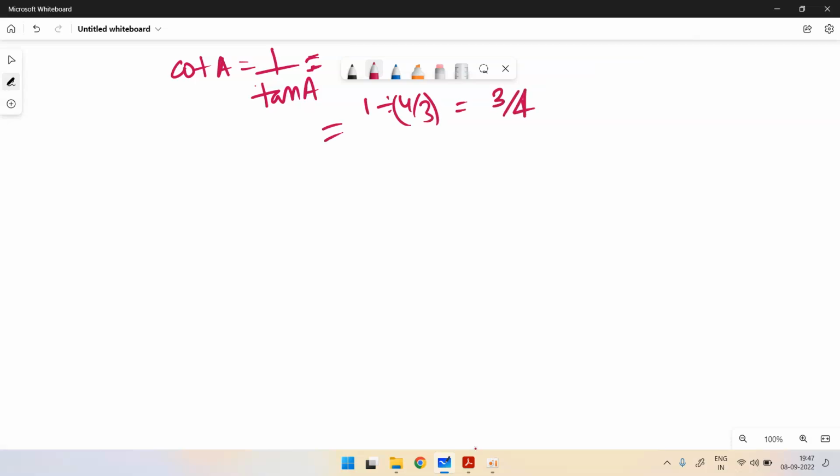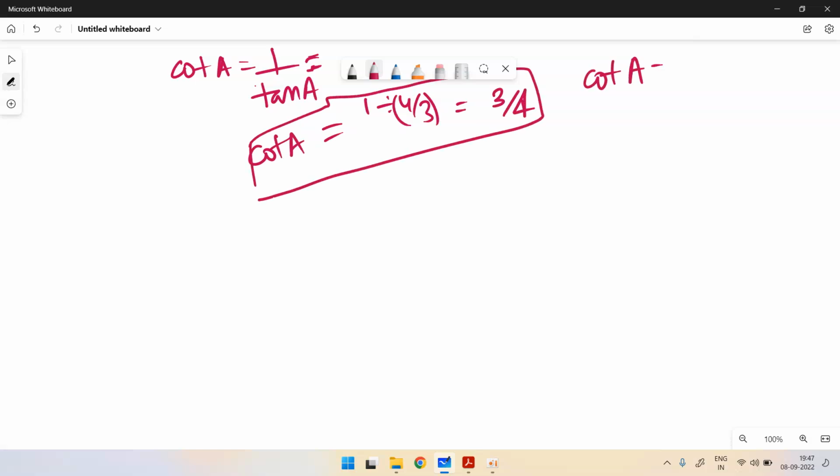So cot A is 3 by 4. Even you can write cot A as base by perpendicular, which is 3k by 4k, nothing but 3 by 4.